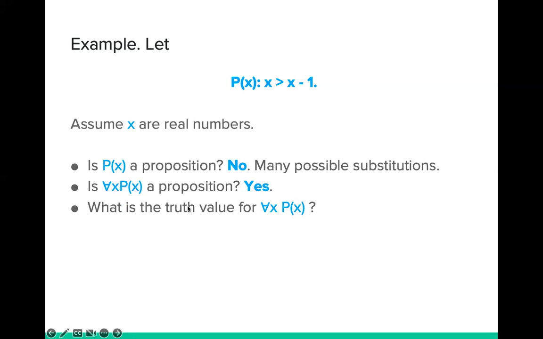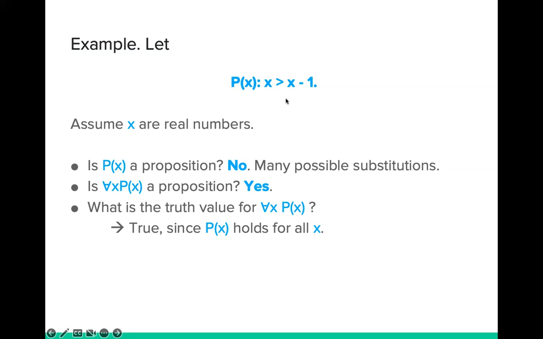But then what will be the truth value of for all x, P of x? For this statement, P of x holds true for all x. Assuming x is a negative number, suppose x is negative 1. Negative 1 is greater than negative 2, which is negative 1 subtracted by 1. What if x is 0?